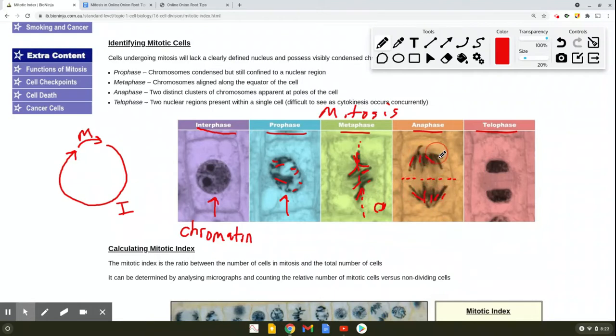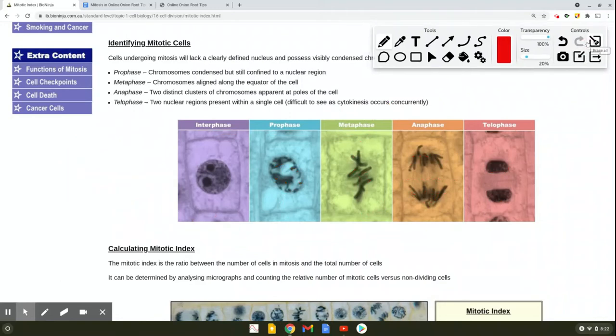They're being pulled apart to opposite ends. And then you see the nucleus coming back, and you can't see any more individual chromosomes anymore because they are uncoiling into really thin, loose strands that you can't see individual ones of. Okay. So those four things you need to be able to identify, or five things you need to be able to identify for the assignment.